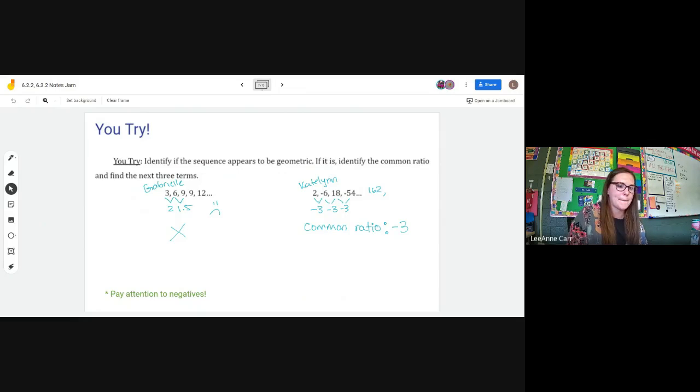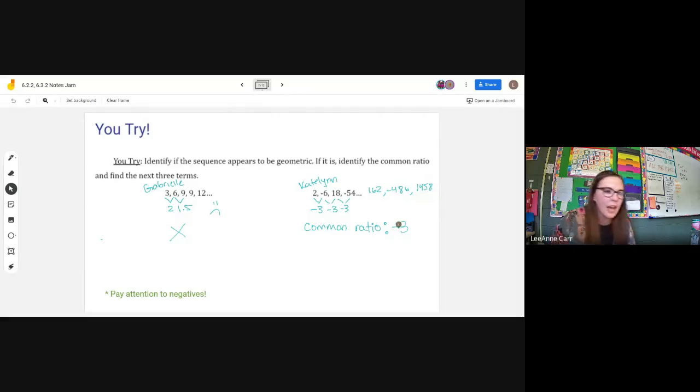What do you think? Yeah, -486. And then last but not least, this is a big number. Oh, good. It's actually going to be positive 1458 though, because remember we took a negative here and we multiplied it by a negative down here. So good number, wrong sign.